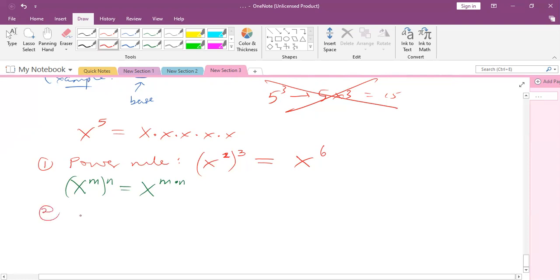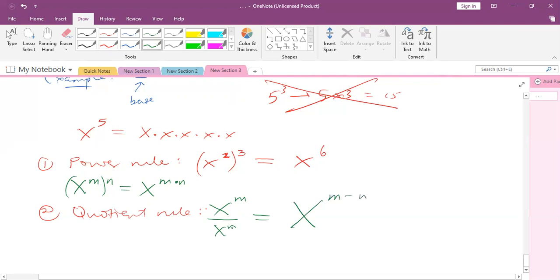Then you have the quotient rule. So in the variable form, this is the quotient rule. So the quotient rule says that x to the power m divided by x to the power n is equal to, write down the same base, and then the exponent will be m minus n.